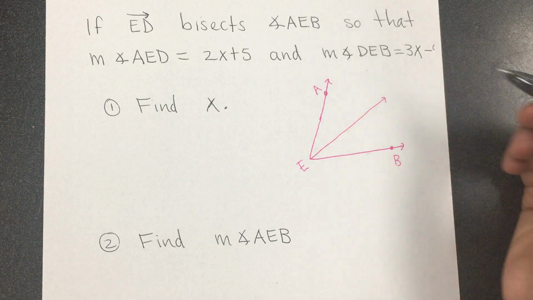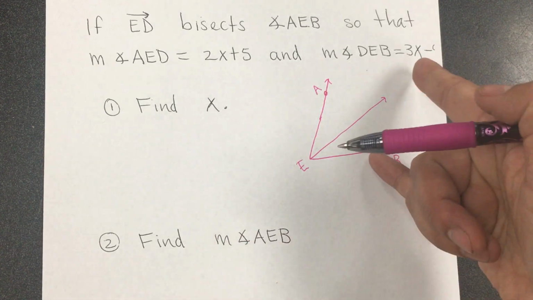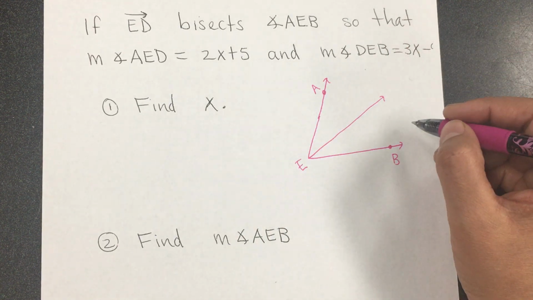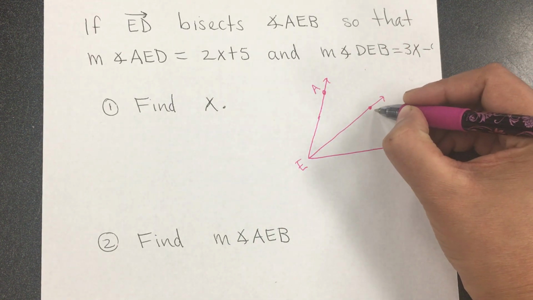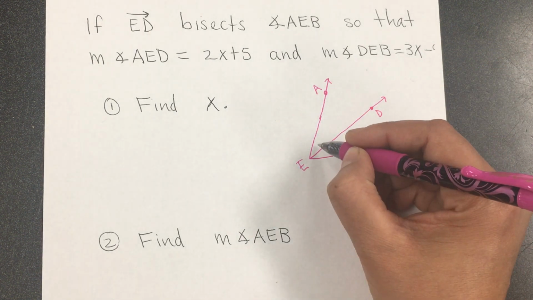We learned before how to draw it, actually, if you remember, with the compass by doing markings. So ED is the angle bisector. What does that mean?